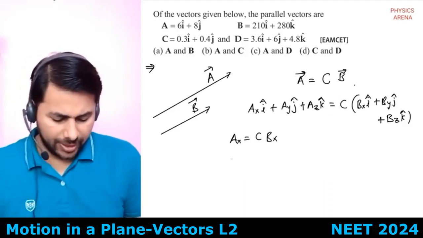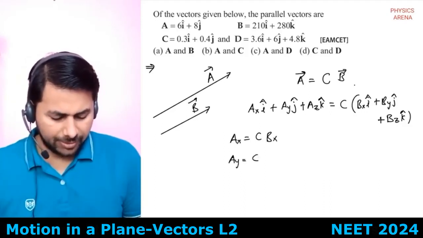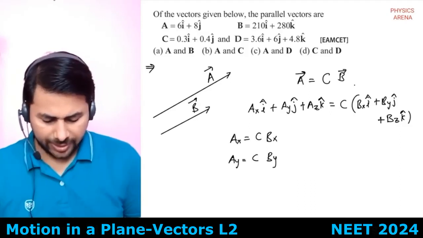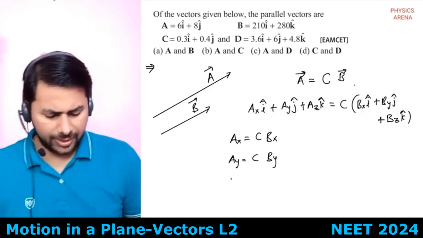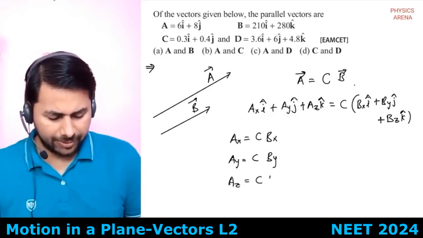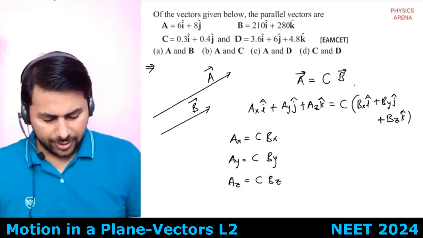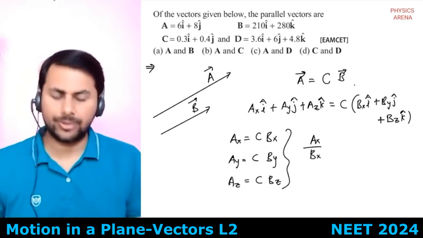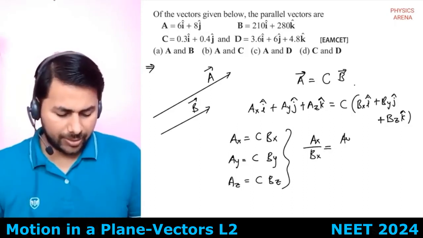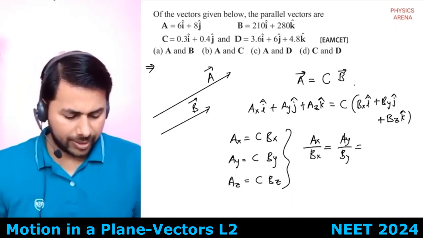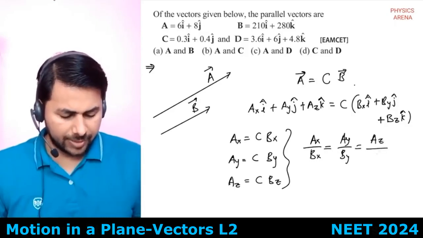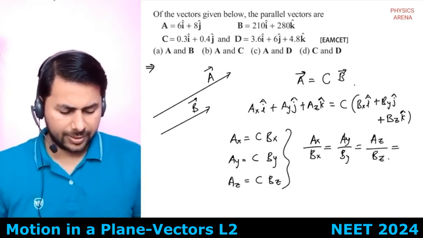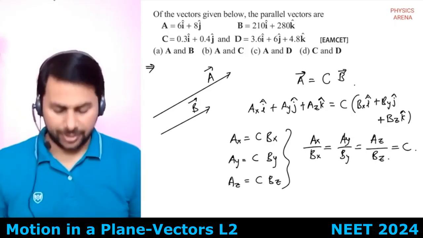Similarly, Ay is equal to C times By, and Az will be equal to C times Bz. Therefore Ax upon Bx will be equal to C, that's equal to Ay upon By, and that's equal to Az upon Bz, that's equal to that constant C.